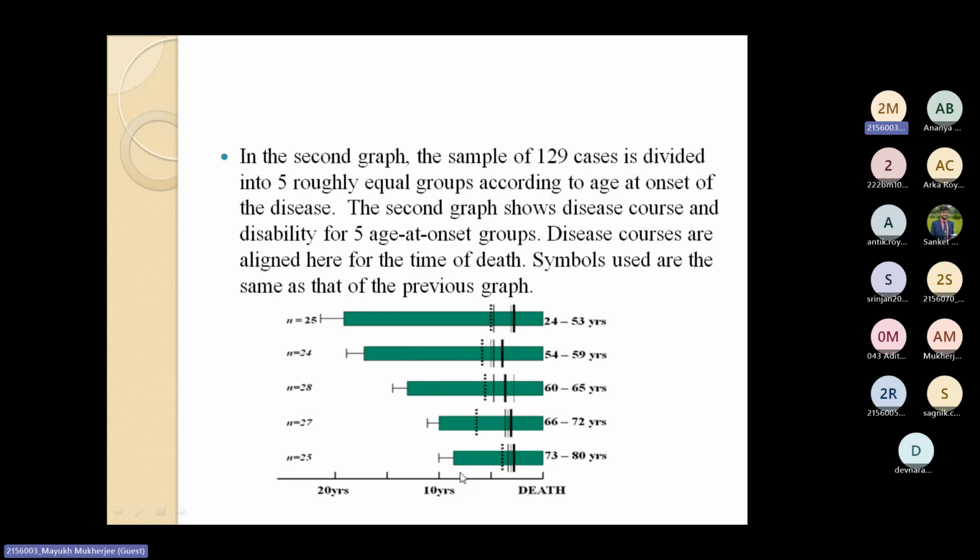The age given in the x-axis, or more correctly in the y-axis here, represents the age during onset of the disease. This graph shows the disease course and disability for 5 age at onset groups. Symbols used here are the same as in the previous graph. Fine dots and dark dots represent the same as in the previous slide.